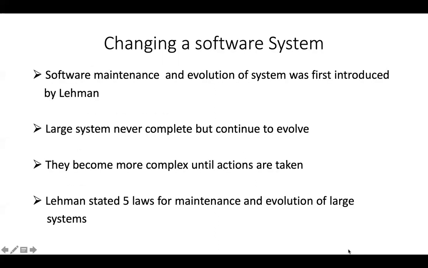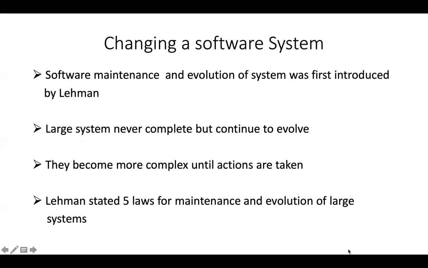What do we mean by changing a software system? See, software maintenance, evolution of system, this theory was basically introduced by Lehman. One key observation in Lehman's law was that larger systems are never said to be complete, and they continue to evolve.